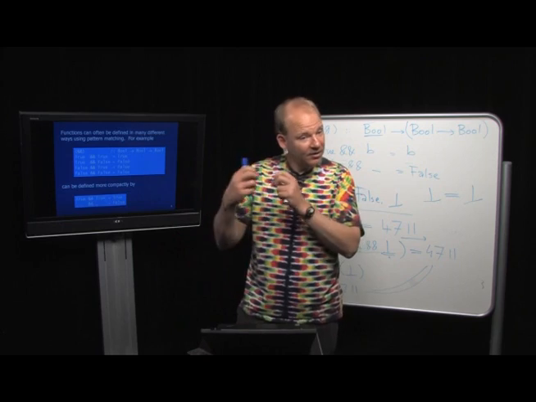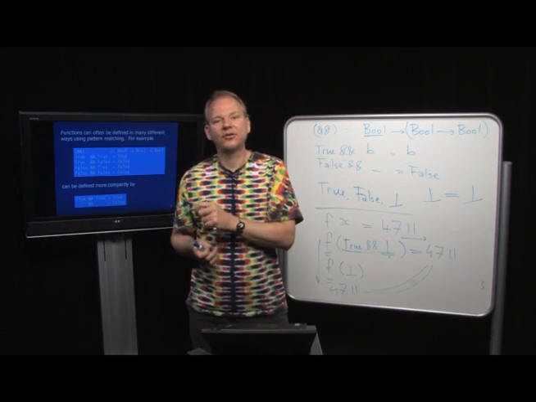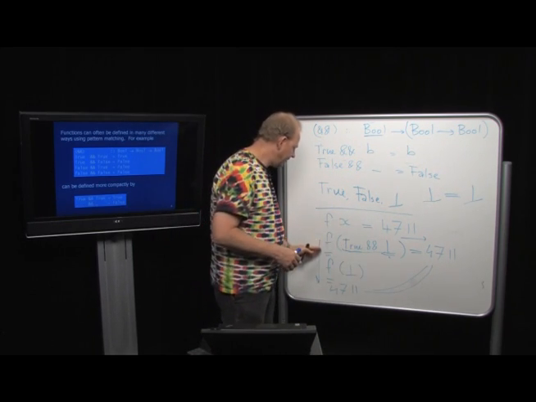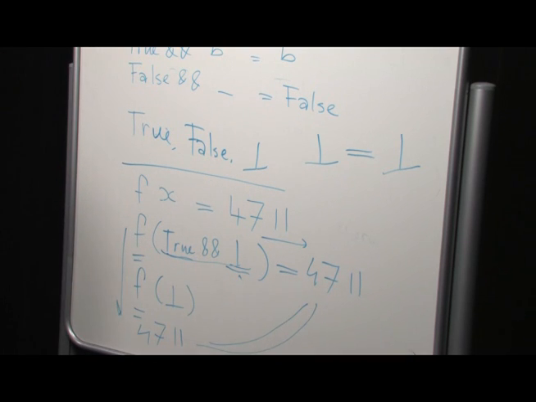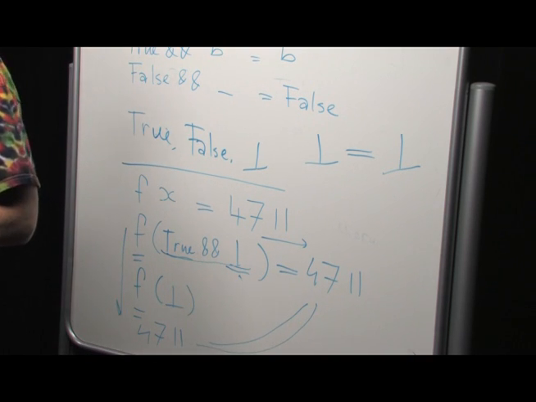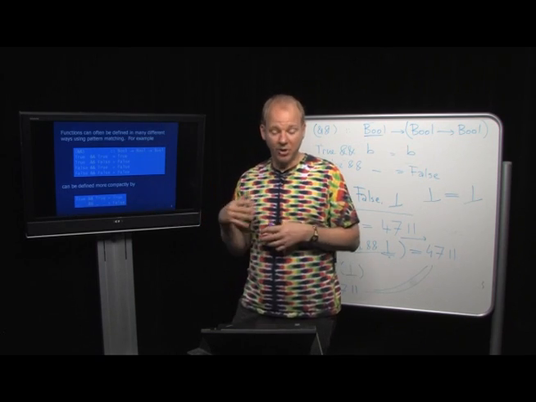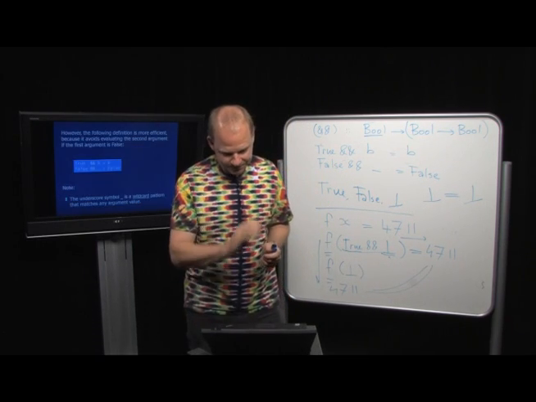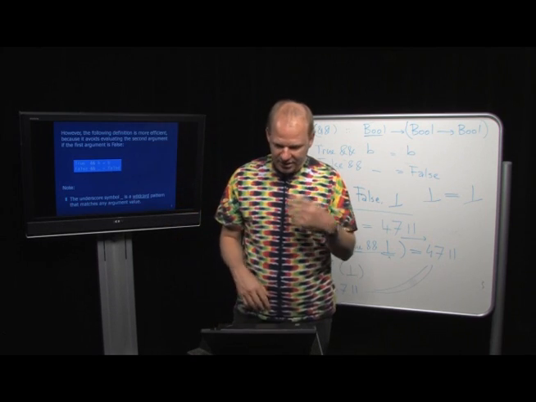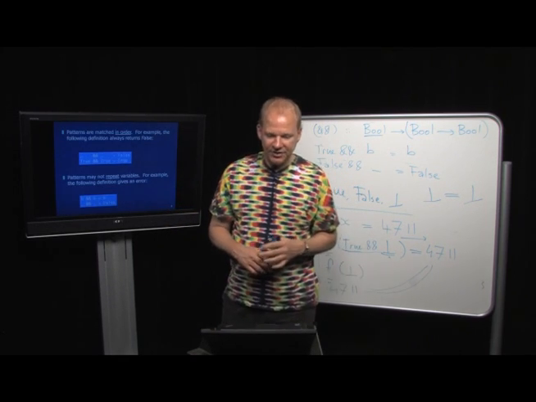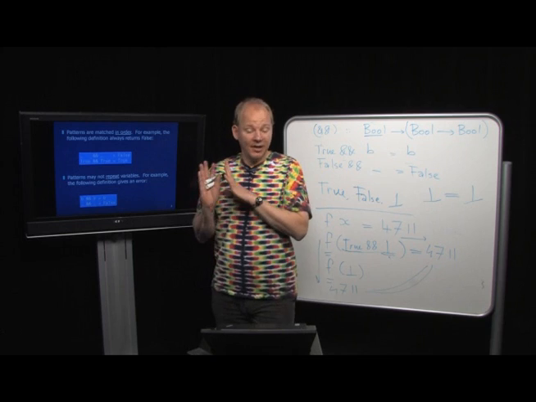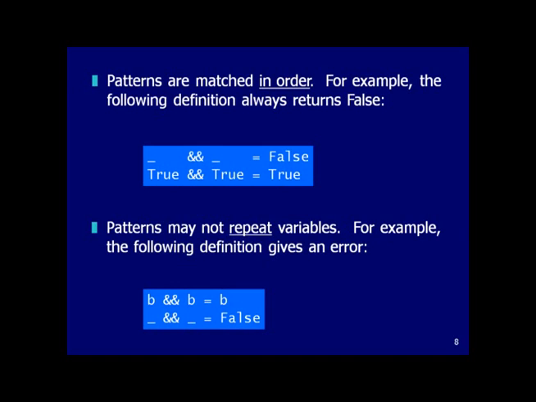Okay, so that was a brief excursion into lazy evaluation and purity. We will see much more on that in future lectures, especially when we start to talk about monads and side effects.